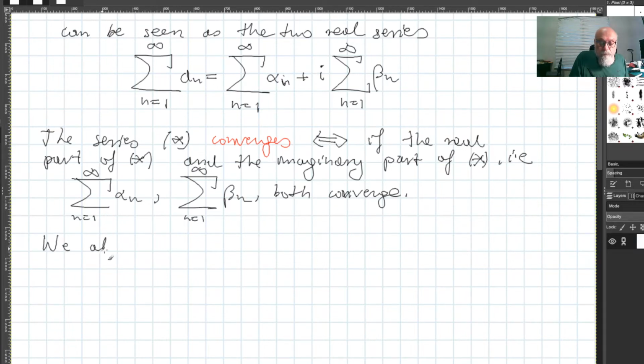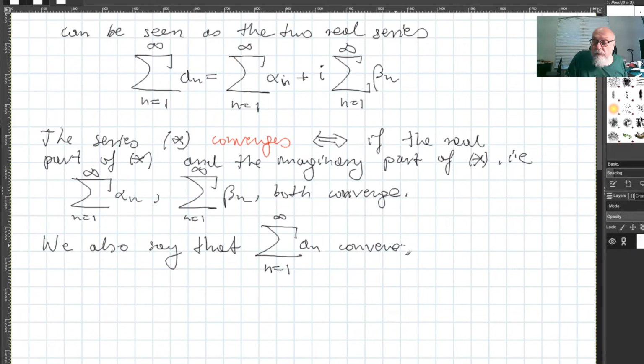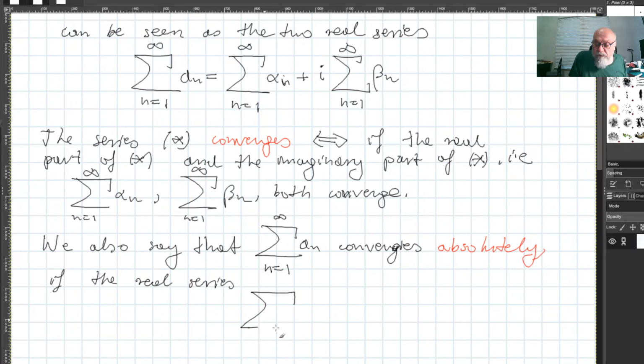We also say that the complex series sum for n equal 1 to infinity of a_n converges absolutely if the real series, in this case the series sum for n equal 1 to infinity of the modulus of a_n, which is a real series, converges.